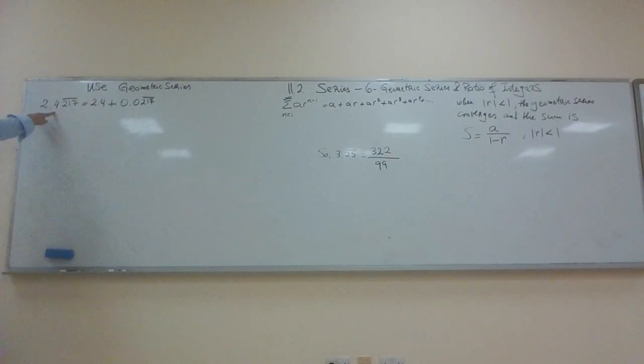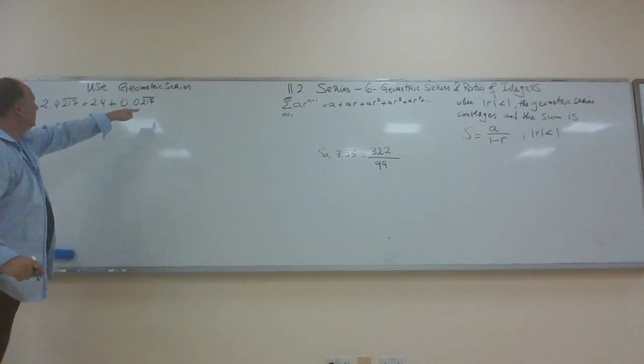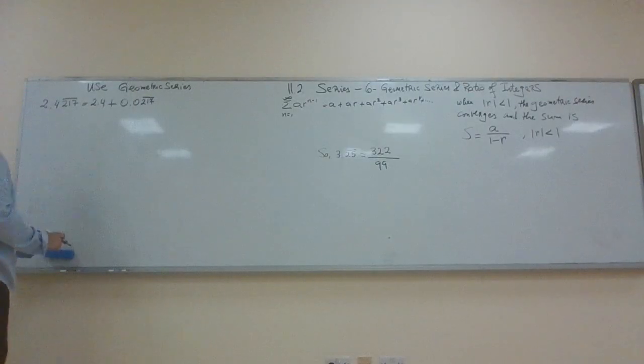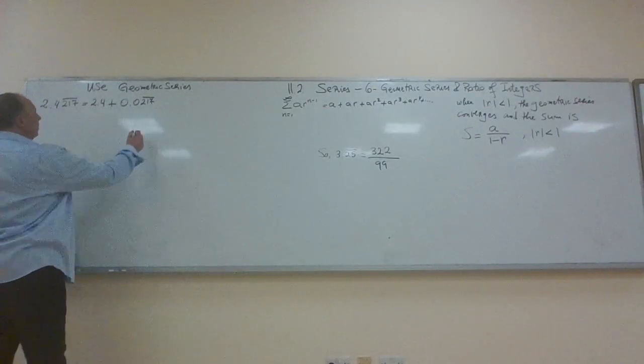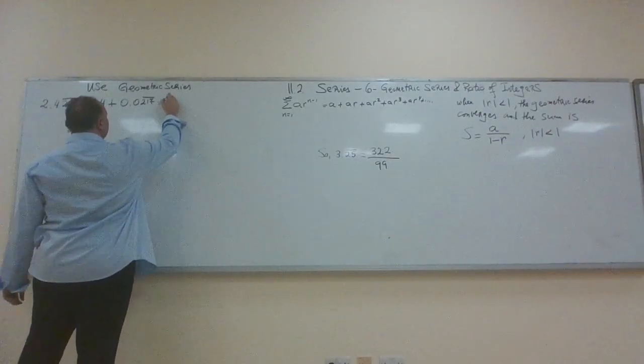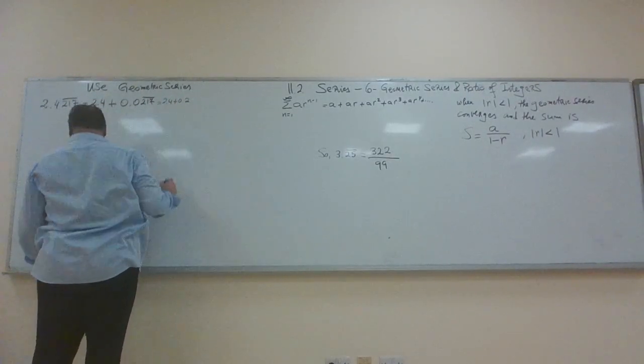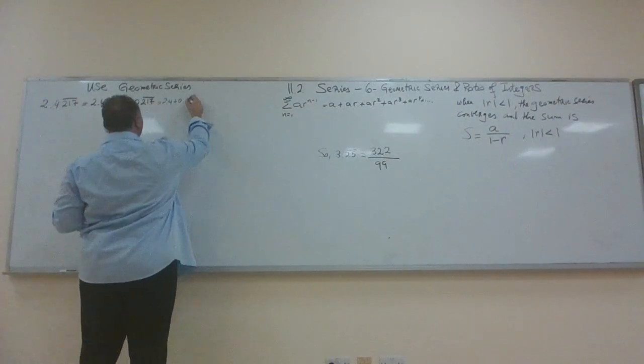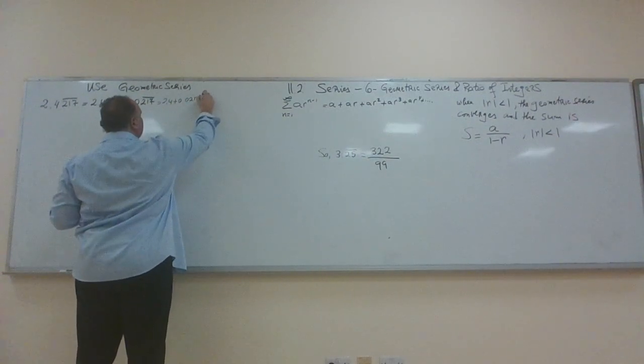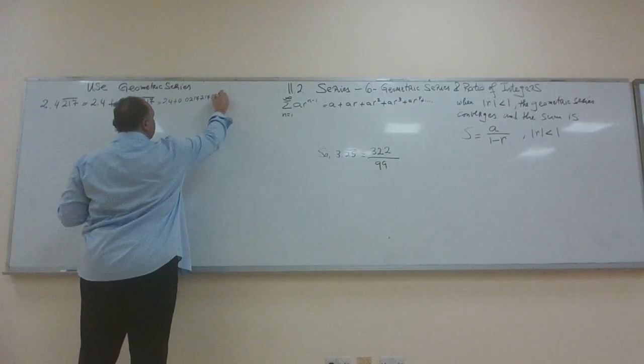Right? 2.4 is fixed, and then 217, 217, 217, 217, 217. That's what's happening. So this is 2.4 plus 0.0217, and then 217, 217 forever.